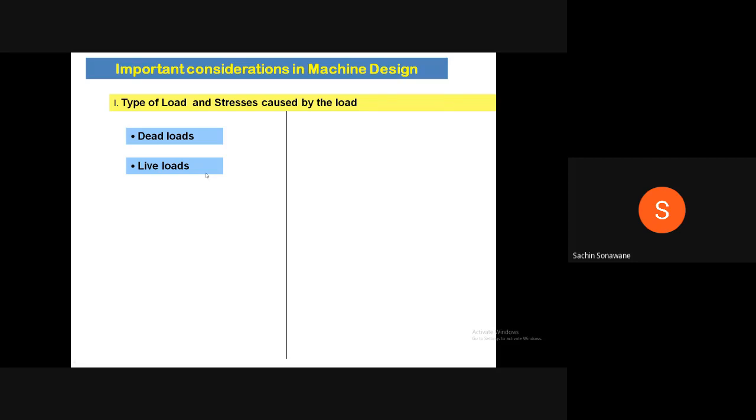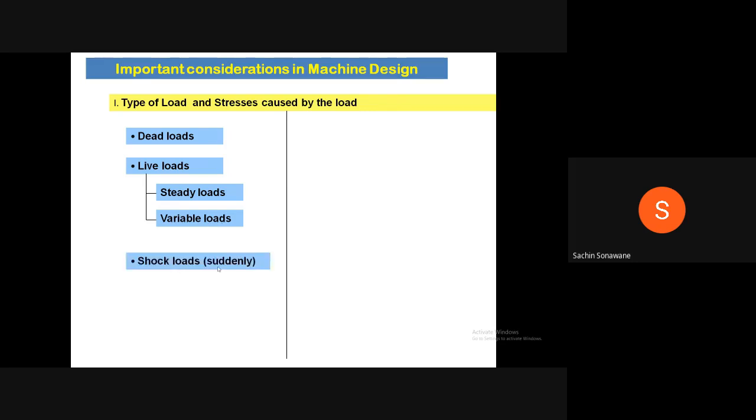That's why the load of water or the force of wind are known as live loads. Live loads are further classified as steady loads and variable loads. Wind load and water load are known as variable loads.